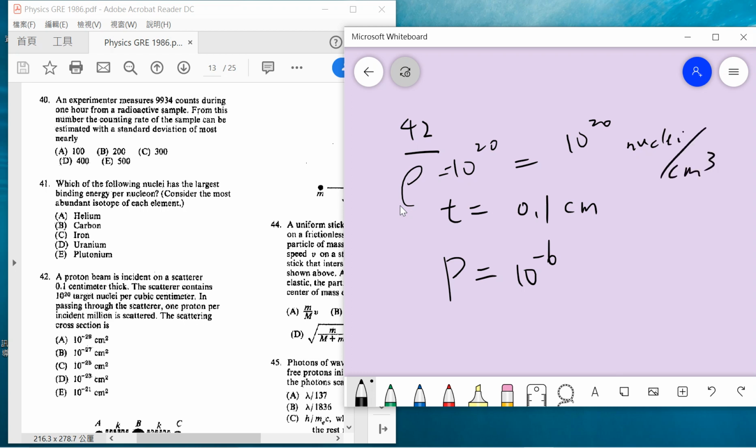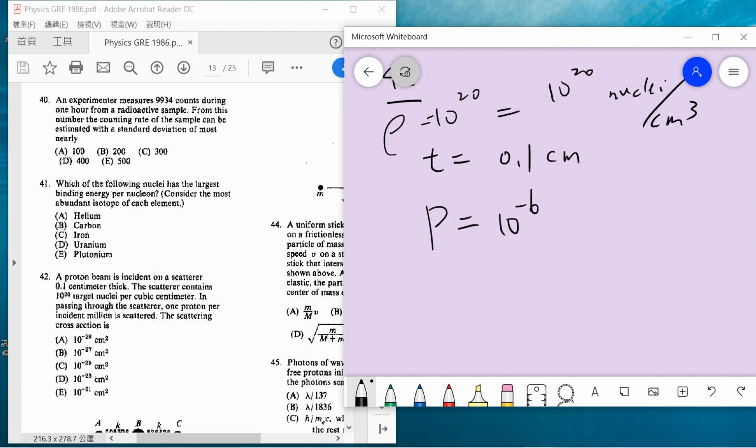So what is the cross section? Remember the cross section is an area, right? All we need to do is form a combination that has the unit of area. What is the unit of area? Centimeter squared, right? Then it already tells you the answer.